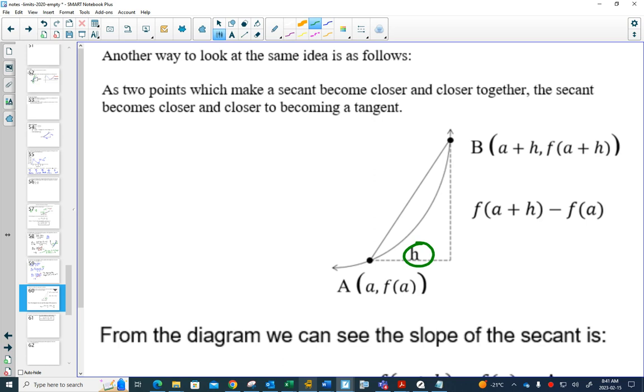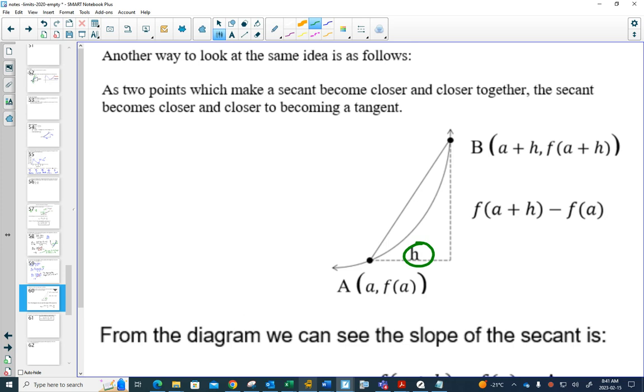H for horizontal distance, not h for height. Oh, my goodness. Totally throws everything you've learned in the past. Actually, h for horizontal distance, I just made up right now. I have no idea why they decided on the letter H. But we'll go with horizontal distance. It has a little bit of logic.